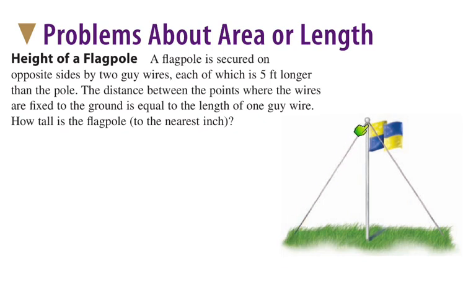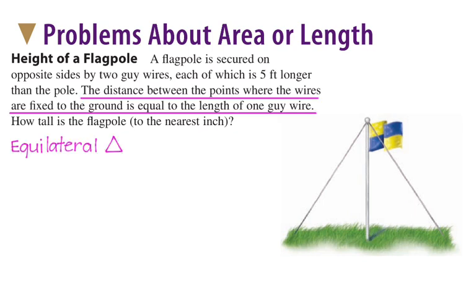And when we've done this, we have this flagpole. It created what it says is an isosceles triangle, which means that all three sides are the same length. Okay. It tells us this, that it's not isosceles, that it's equilateral, and equilateral means all three sides the same length.